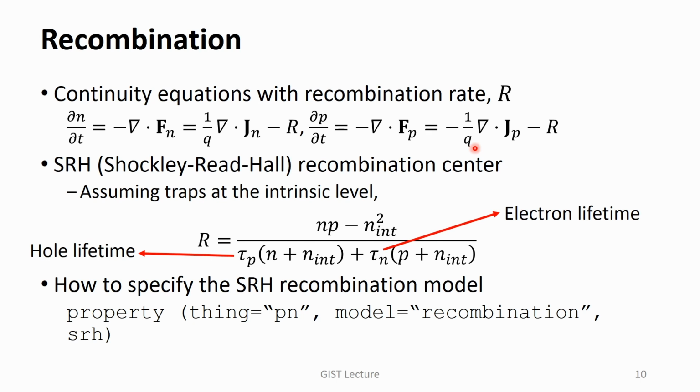Following the SRH, Shockley-Read-Hall recombination center model, the recombination rate R is given by this formula. Here, taus are lifetimes, and we have np minus ni squared. It means that the recombination rate is 0 at equilibrium. Following a similar way, we can activate the SRH model.